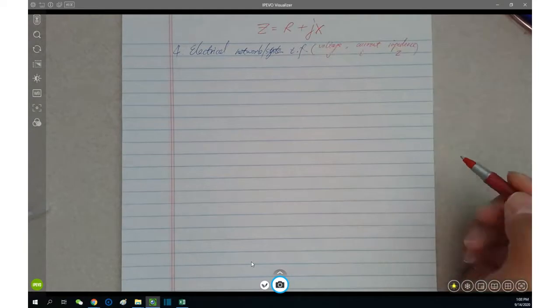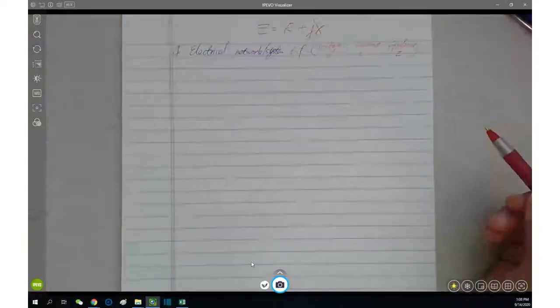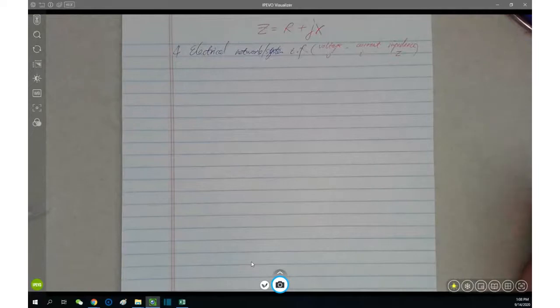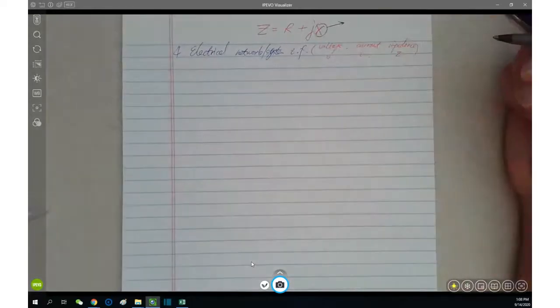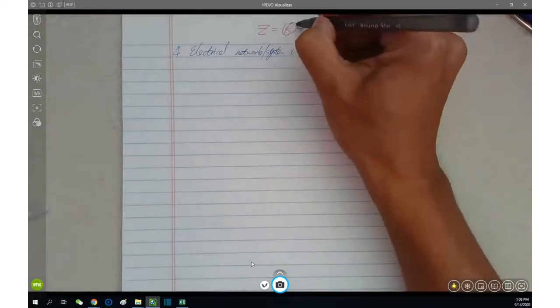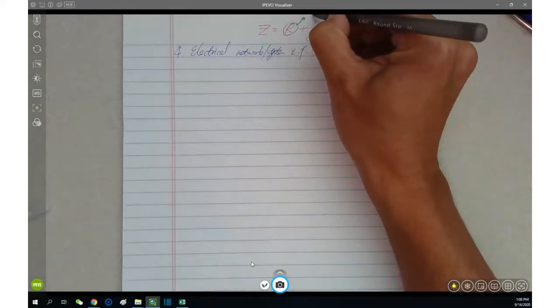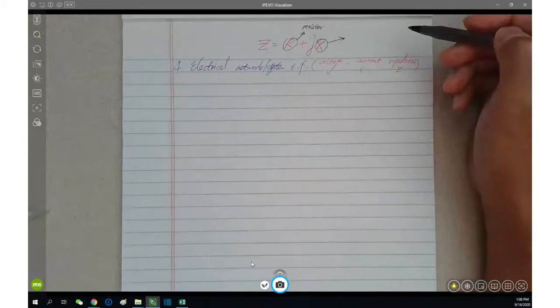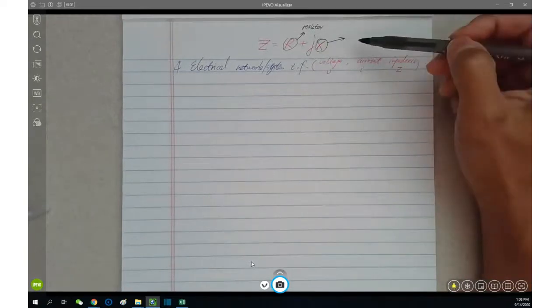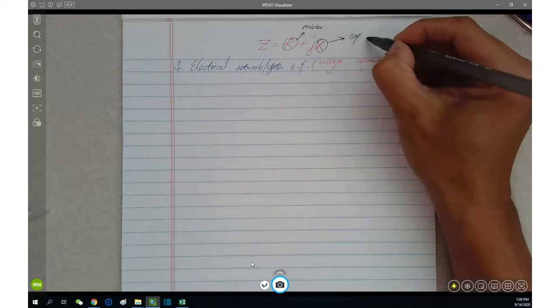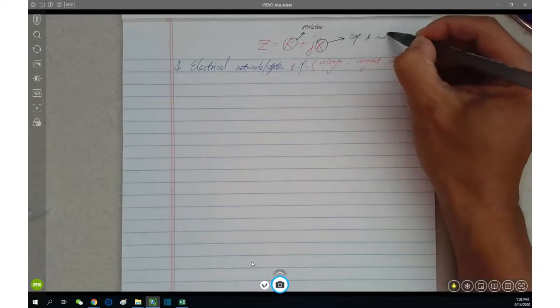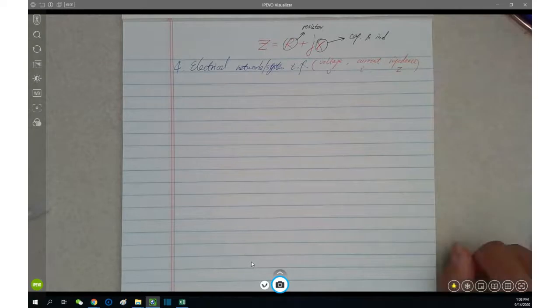So impedance is a total, including the resistance and the reactance. Who is contributing the reactance? This part is from the resistor, of course. The rest two contribute the reactance: inductor and capacitor. Very good.